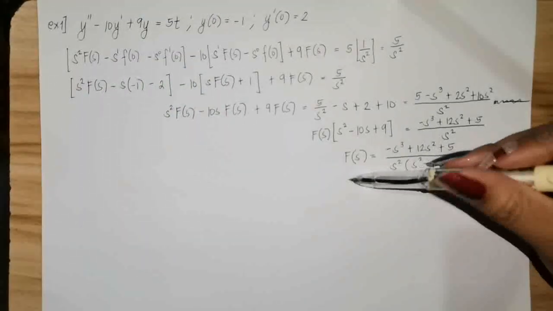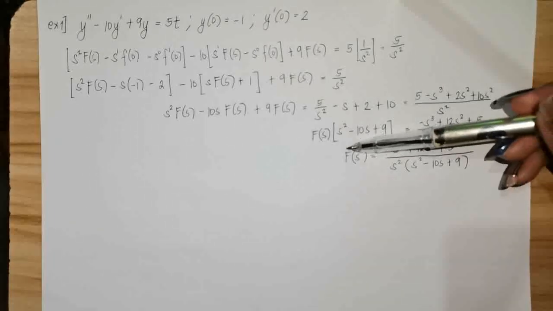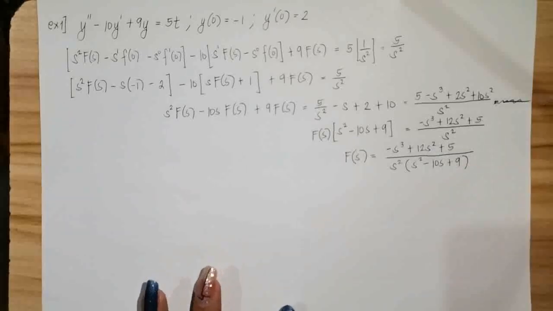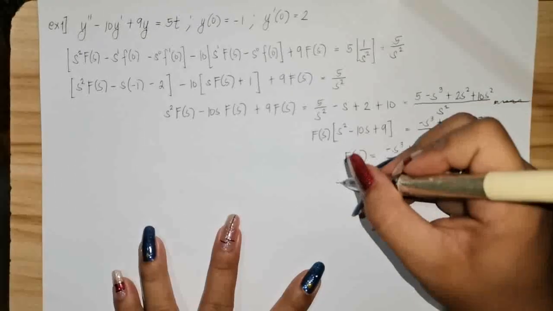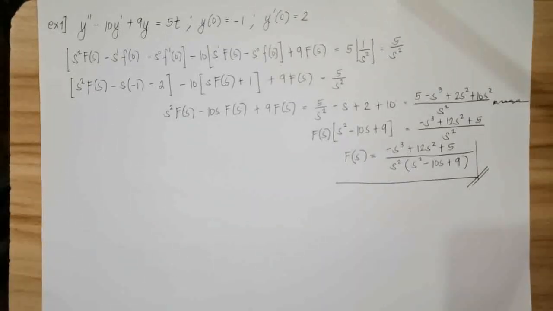So this will be the equivalent f of s. Kaya lang, we know that f of s is already the Laplace transform. Okay, so this will be our answer for the Laplace transform of the y double prime minus 10y prime plus 9y equals 5t.